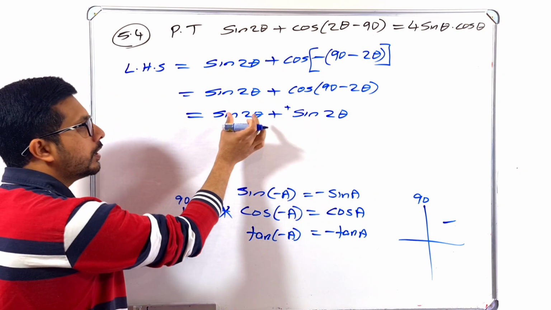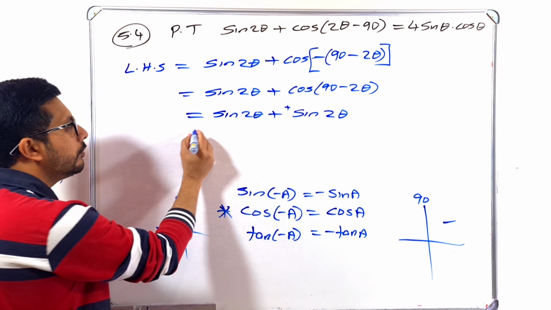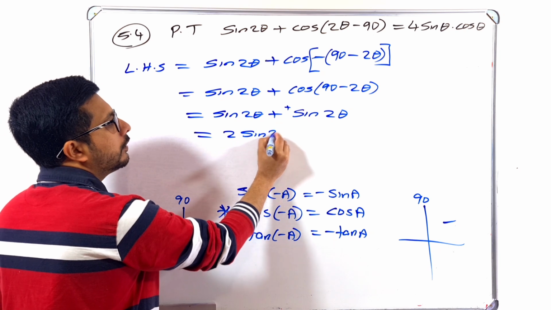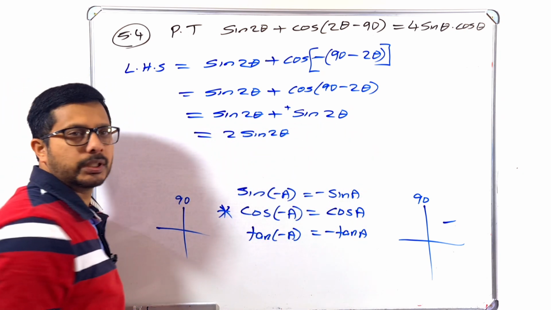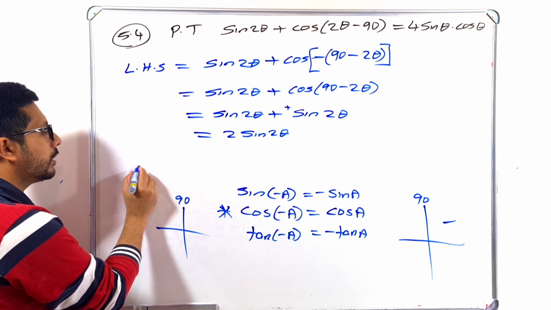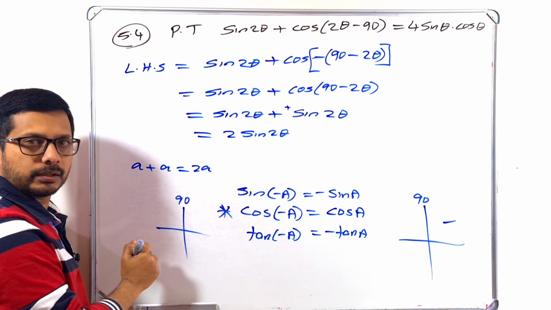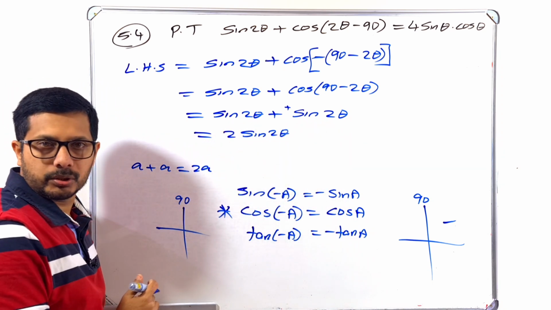So actually this one is sine 2 theta plus sine 2 theta. When you add sine 2 theta plus sine 2 theta, what is, let's say, a plus a? The answer is 2a. Similarly, sine 2 theta plus sine 2 theta is 2 sine 2 theta.